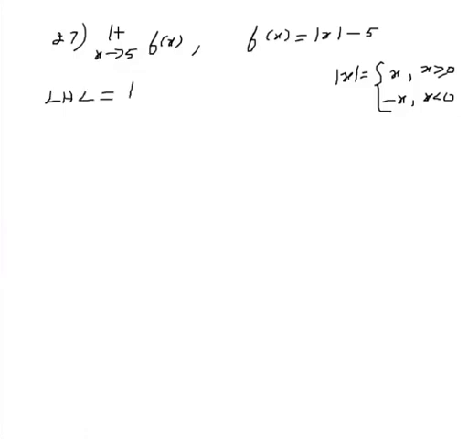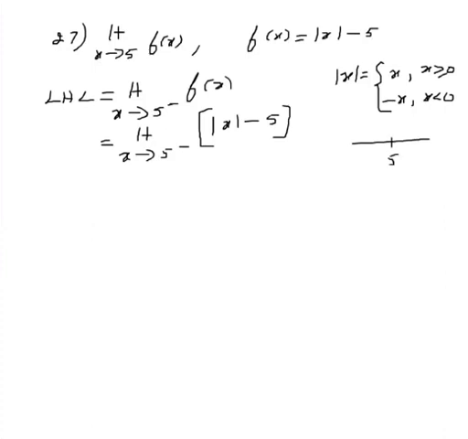So LHL is the limit as x tends to 5 minus. We have to find the limit at 5, and the definition of f of x is the absolute value of x minus 5. It's 5 minus, that is on the left side of 5. For example, let us take 4.99999, which is a positive number.